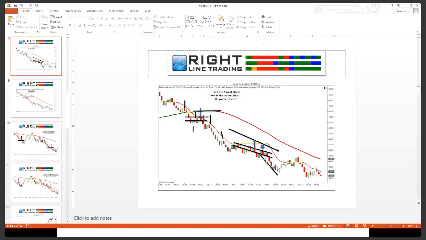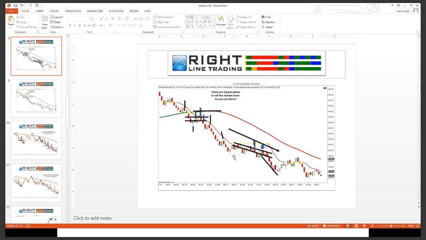Now, we know when we're trading below the 50 and below the 15 that we're not going to take this long trade because we're going to adhere to our market structure rules. And we know if we take it, this is a counter trend trade. And we are not going to trade counter trend in this scenario. We have no reason to trade counter trend.